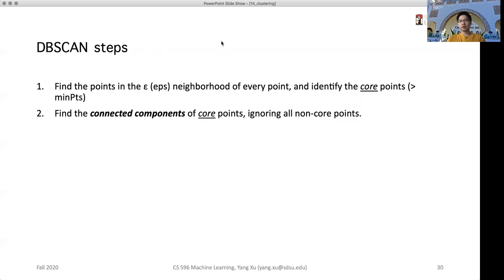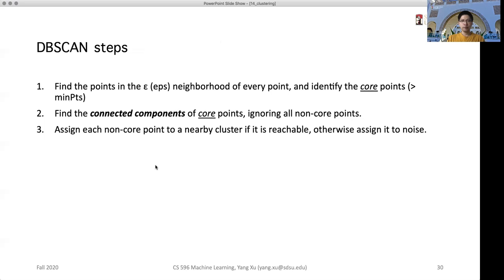The connected components is a term in graph data structures. We say that a set of vertices in the graph are connected to each other if they are mutually reachable from each other, then we say they are connected components. And we will assign a non-core point to a nearby cluster if it is reachable. Otherwise, it will be noise. That is the basic three steps of the DBSCAN algorithm.